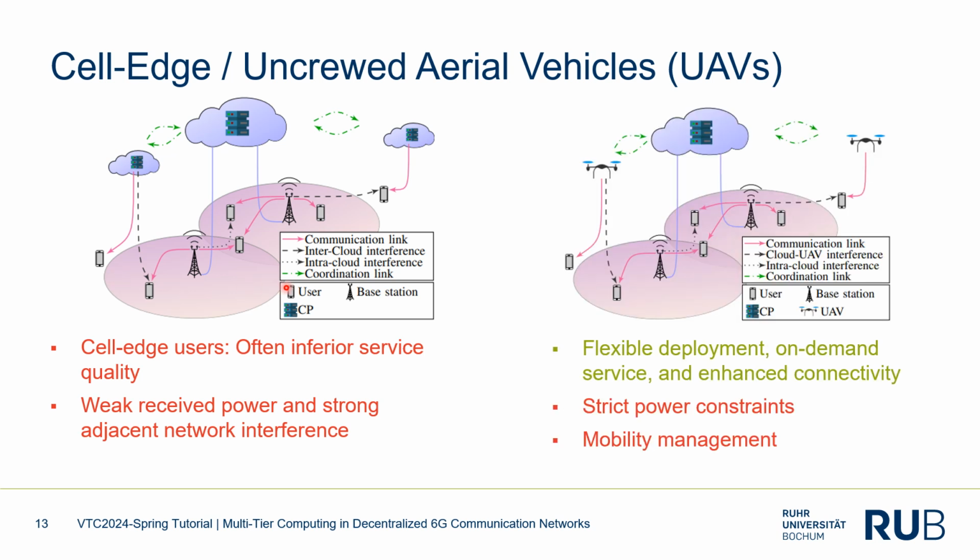One approach to deal with this is to provide mobile edge nodes, illustrated here, because they are flexible in deployment, can provide service on demand, and can enhance the connectivity of the overall network. The challenge of those mobile edge nodes, of course, is that there are strict power constraints, and one has to provide solutions for mobility management.